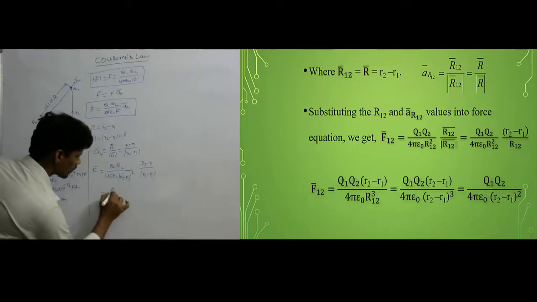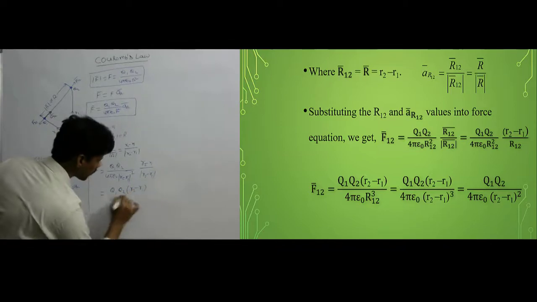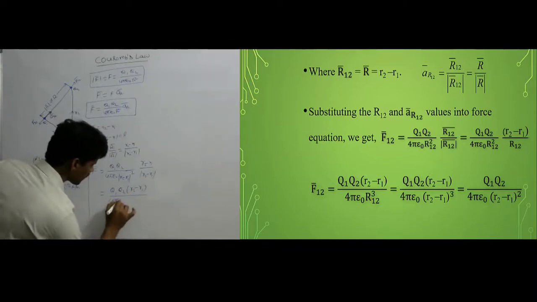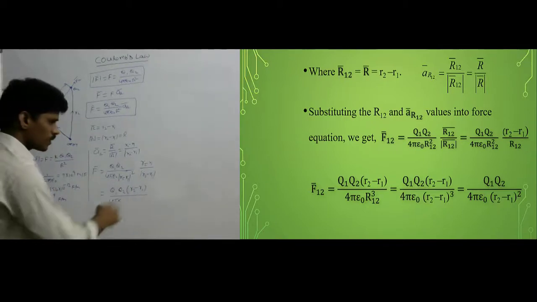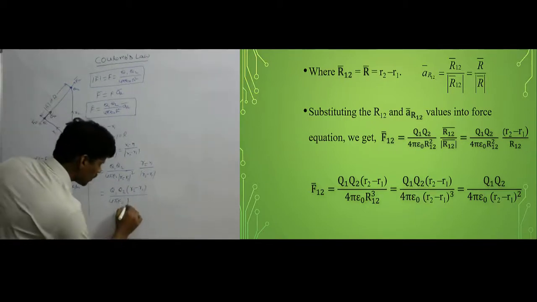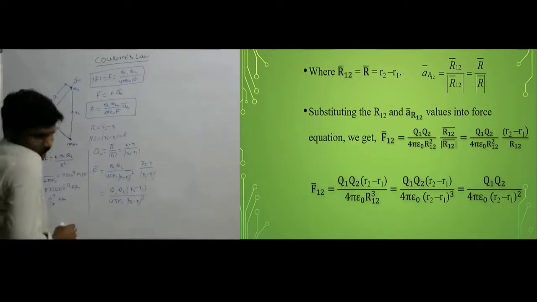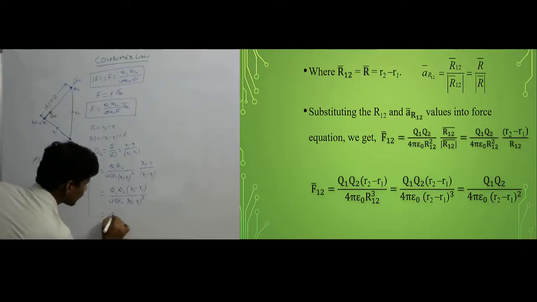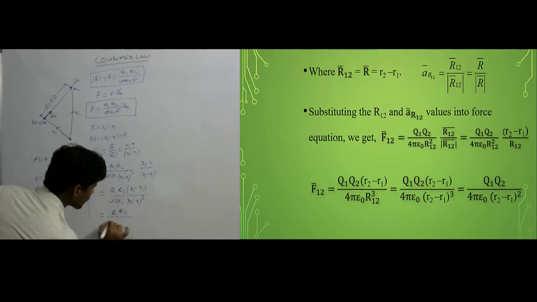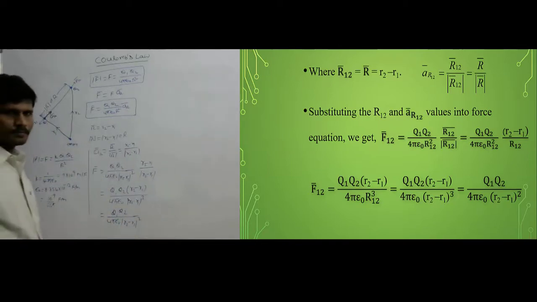That is equal to Q1 Q2 into R2 minus R1 by 4 pi epsilon naught into magnitude of R2 minus R1 whole square into magnitude of R2 minus R1, which is magnitude of R2 minus R1 whole cube. Numerator and denominator, one R2 minus R1 is cancelled. Therefore Q1 Q2 by 4 pi epsilon naught magnitude of R2 minus R1 whole square, into R2 minus R1 vector.